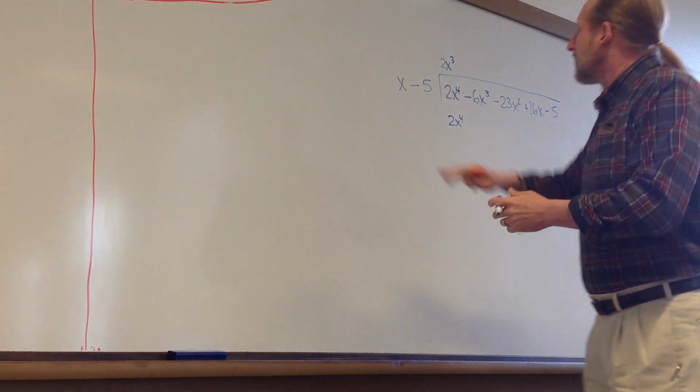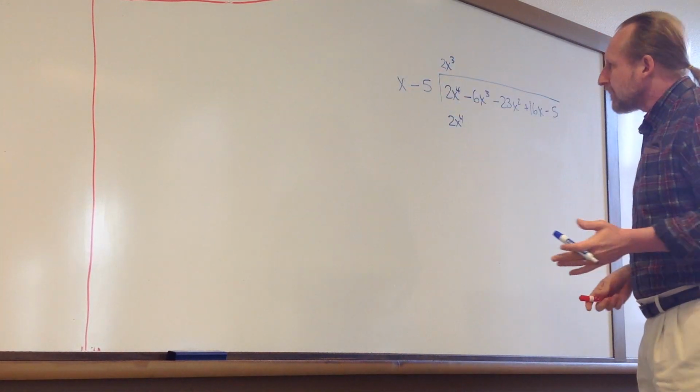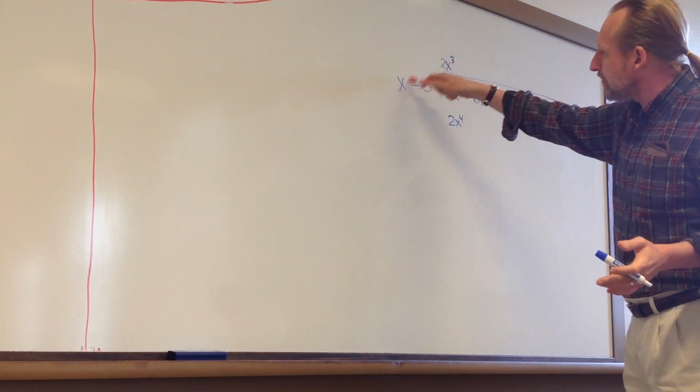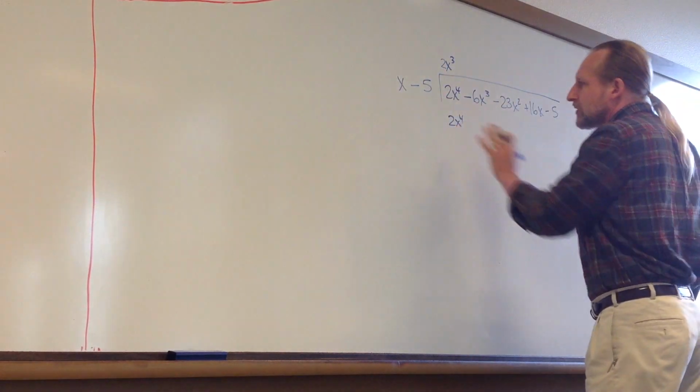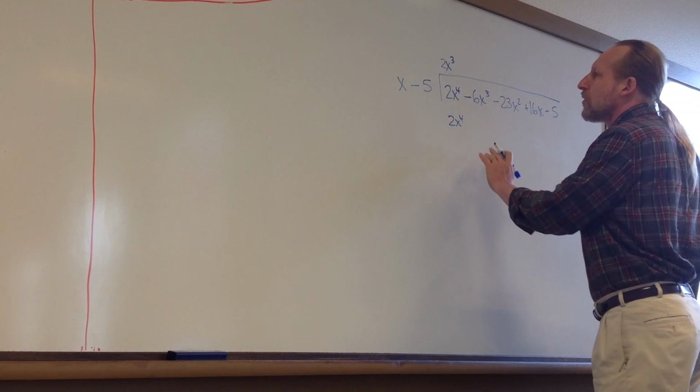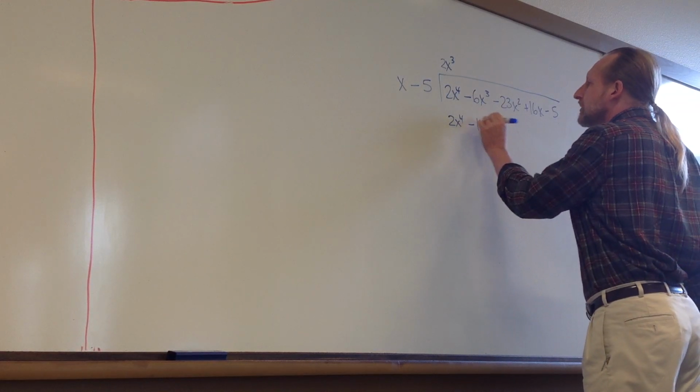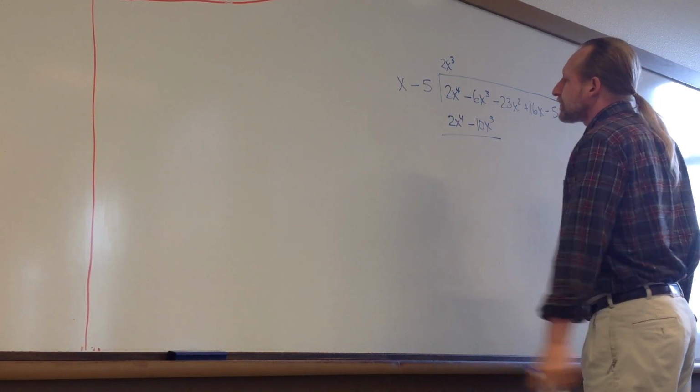But in this multiplication, the 2x to the third is going to be distributed both to the x and to the minus 5. So we're not just going to get the 2x to the fourth, we're also going to get minus 10x cubed.